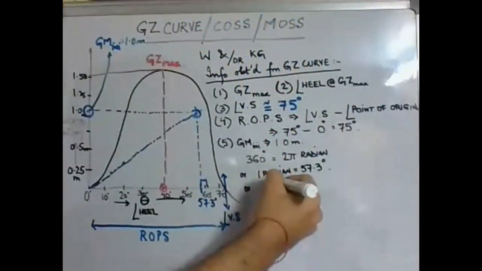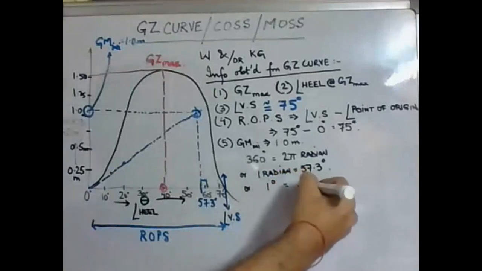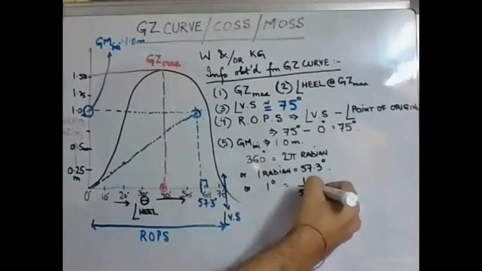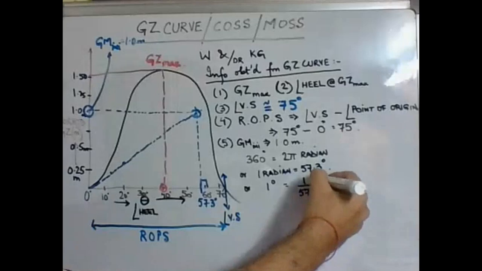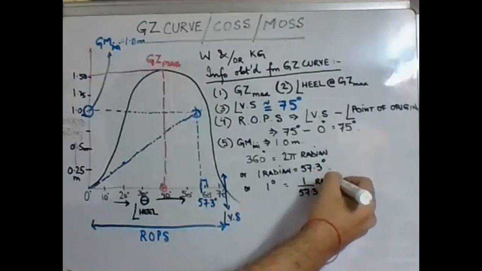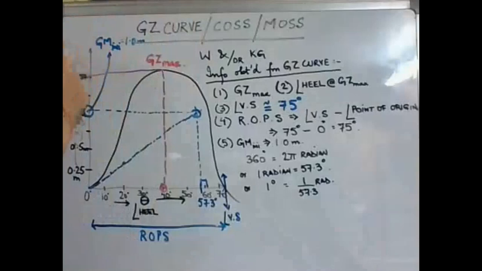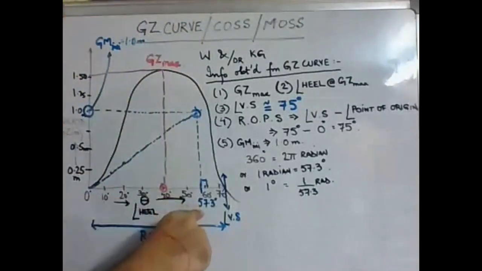Or 1 degree is equal to 1 upon 57.3 radian. So we take the value of 1 radian, that is 57.3 degrees.